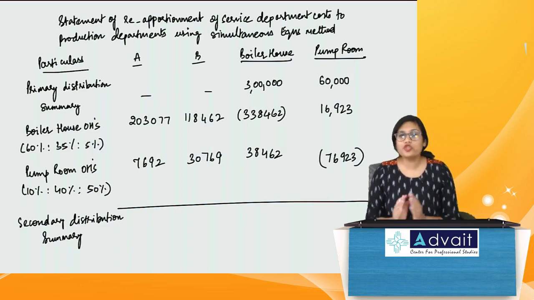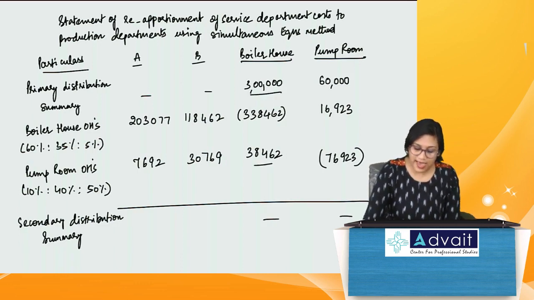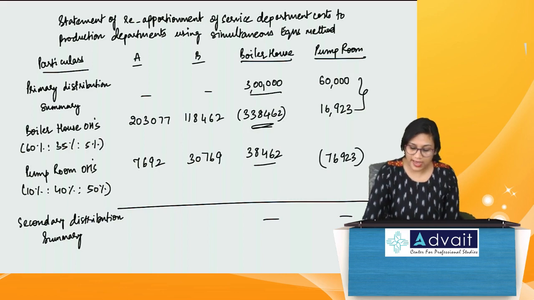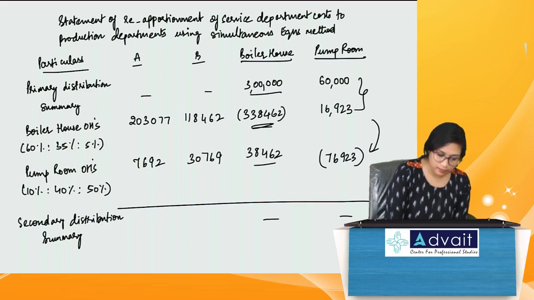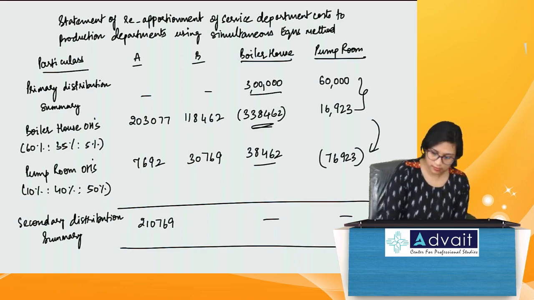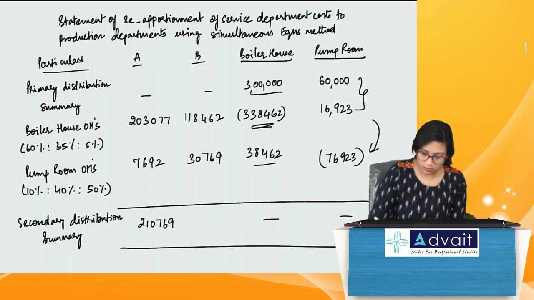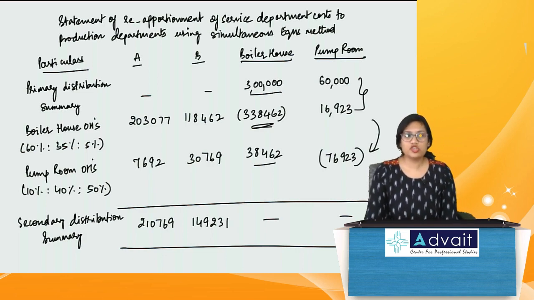Boiler house and pump room should be 0. Is it 0? Yes. So this total is tallying with this. And similarly, these two are tallying with this. So 0. Tell me the total under A and B. 210,769, 149,231. So this is your secondary distribution summary.